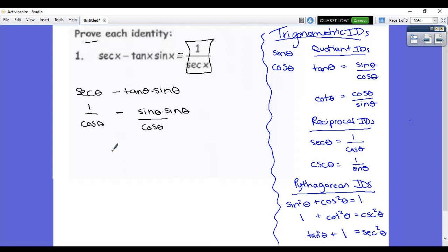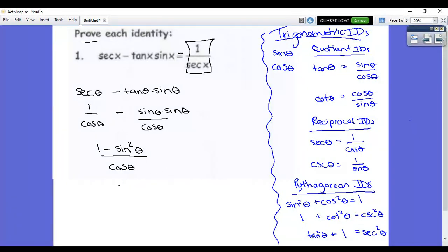It's one of the basic rules of fractions. So what I'm going to do is write this over one fraction, right? And then I have 1 minus sine times sine is going to be, boom, look at that. You already got it. You're acting like you don't know. You know.